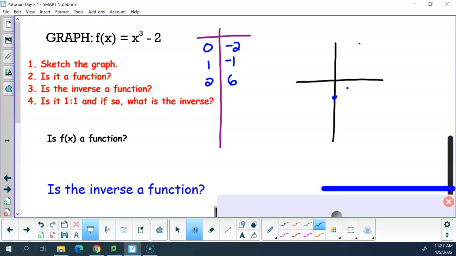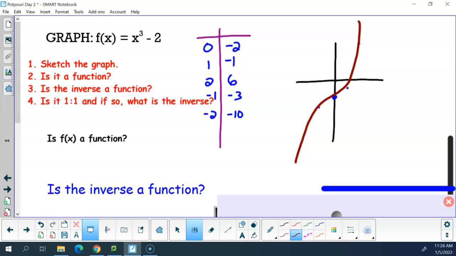Negative 1 cubed is -1, minus 2 is -3. Negative 2 cubed is -8, minus 2 is -10. See? And it passes because nobody crosses that one off. So we good there?